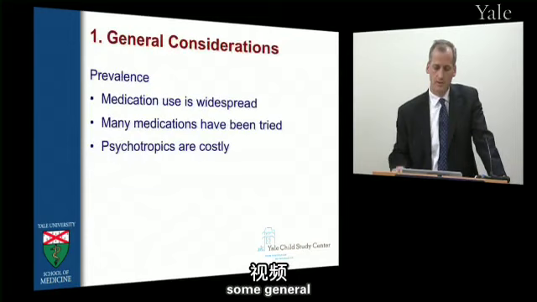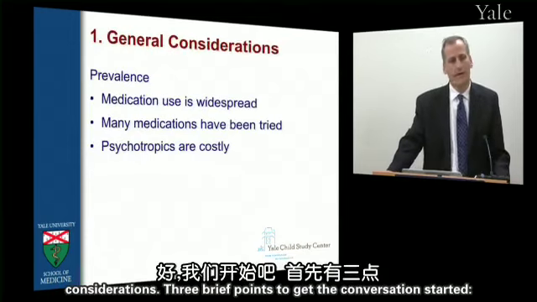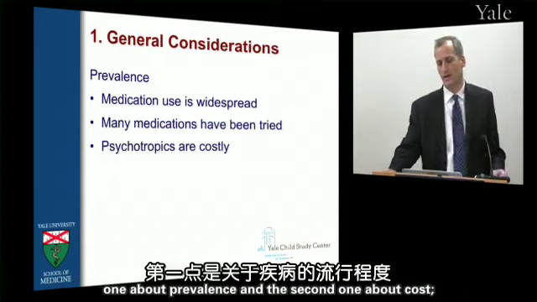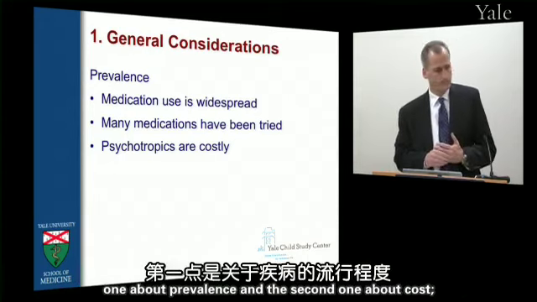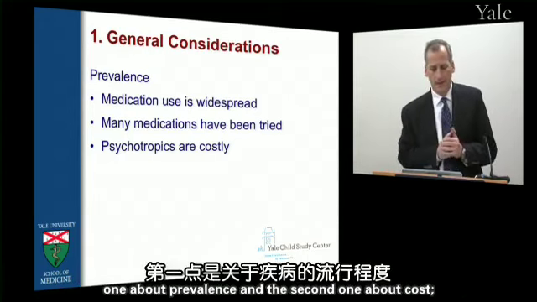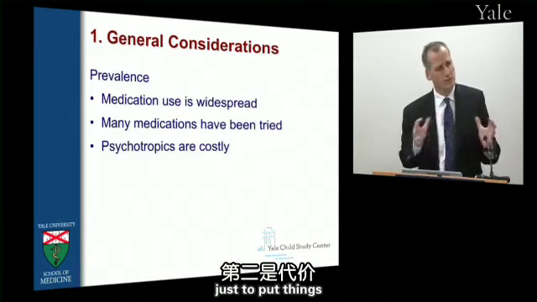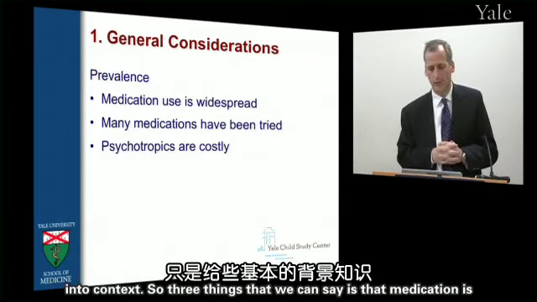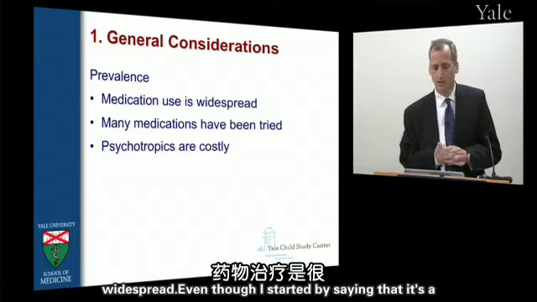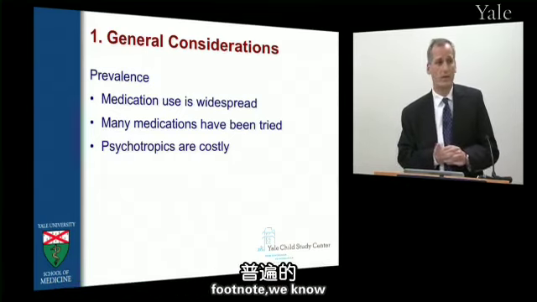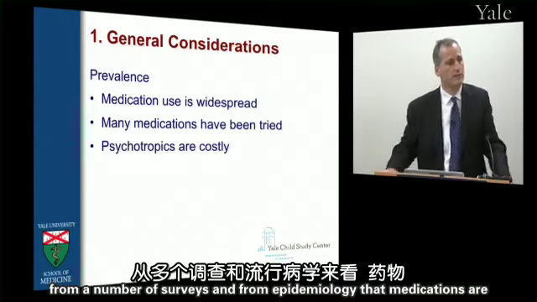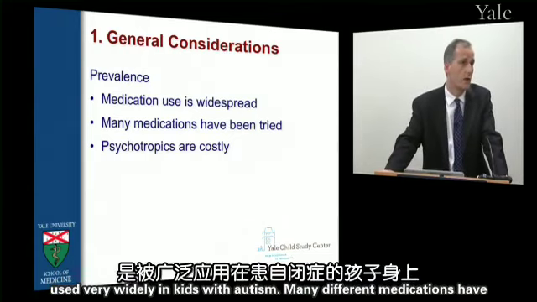So let's get started with some general considerations. Three brief points to get the conversation started. One about prevalence, and the second one about cost, just to put things into context. So 3 things that we can say is that medication is widespread. Even though I started by saying that it's a footnote, we know from a number of surveys and from epidemiology that medications are used very widely in kids with autism.